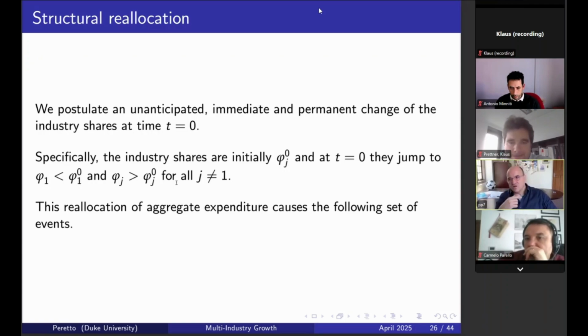We have learned what that shock does from the baseline model: because of increasing competition due to the higher price elasticity of demand, firms lose market power. Because of that loss of market power, in industry one, firms are in trouble. We need restructuring. Then we go through the structural slump. But in this example, the terminal point of the transition has industry one growing faster than it was initially.